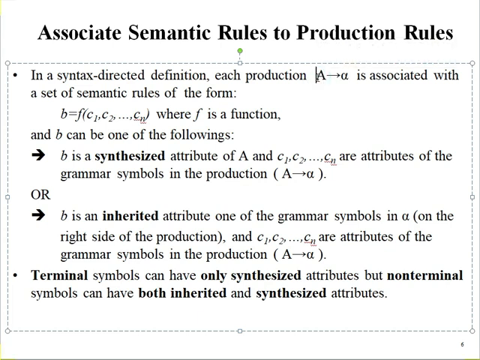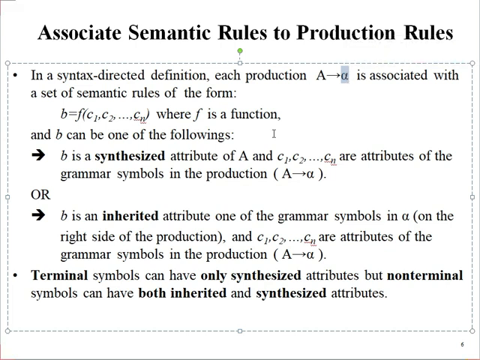When we use the tree notation for representing production rules, we can consider A as the parent, and the grammar symbols in the alpha part are considered children of the grammar symbol A. So any non-terminal on the left side of a given production rule is termed the parent of the grammar symbols on the right hand side of the production rule.